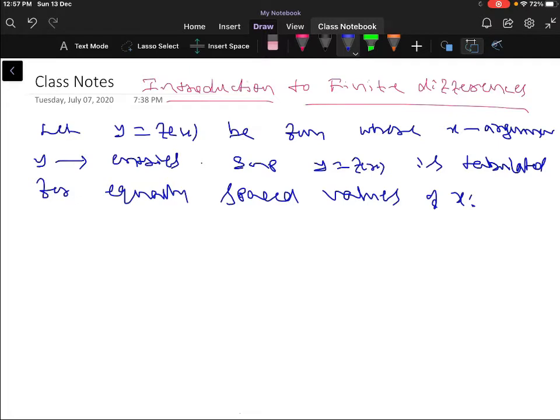The tabular points are: suppose on the real line you take an arbitrary number x naught.